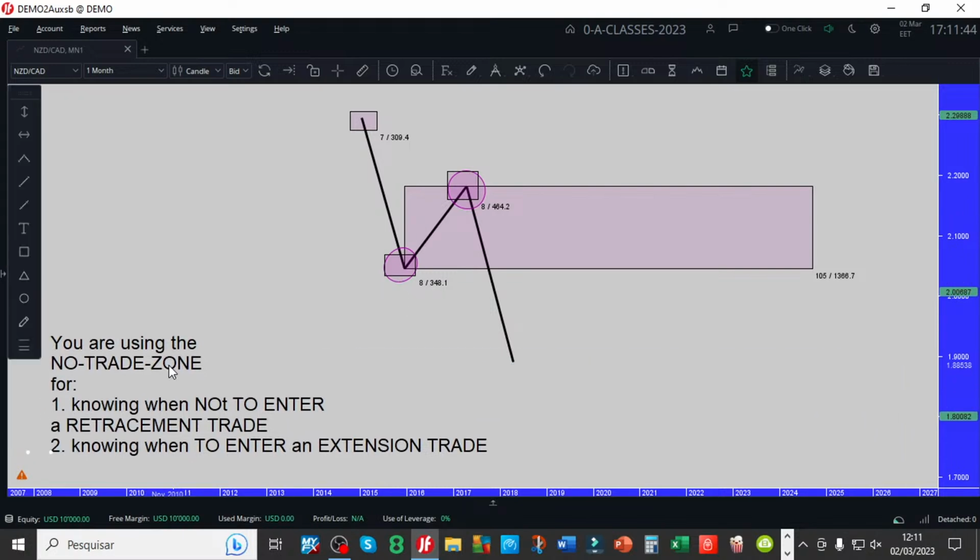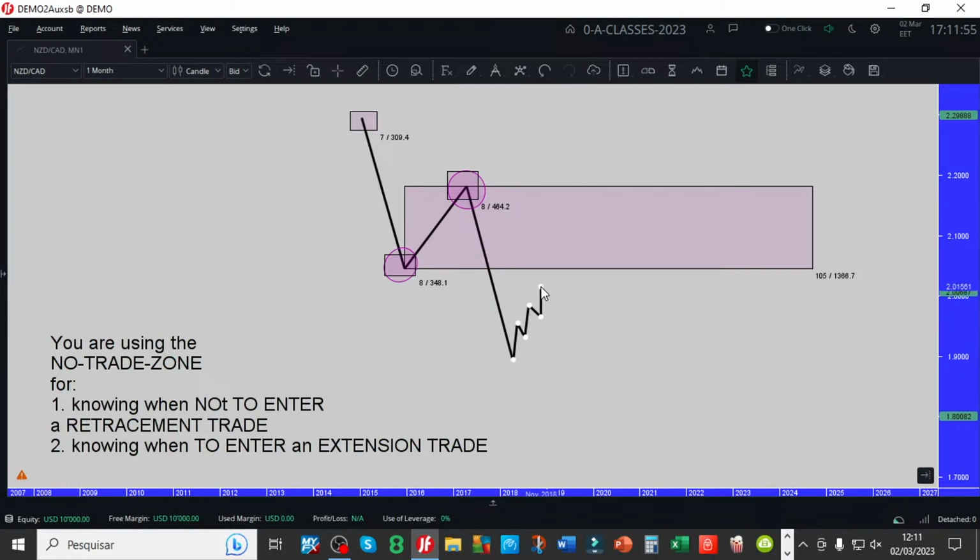Now, you are using the no trade zone to, number one, know when not to enter a retracement trade. So this is the easy one. Higher highs, higher lows, higher highs, higher lows, higher highs, higher lows.